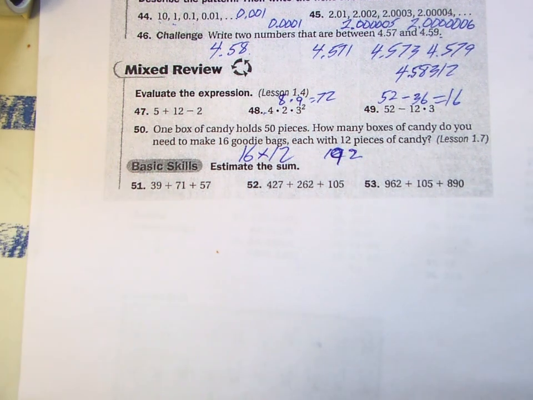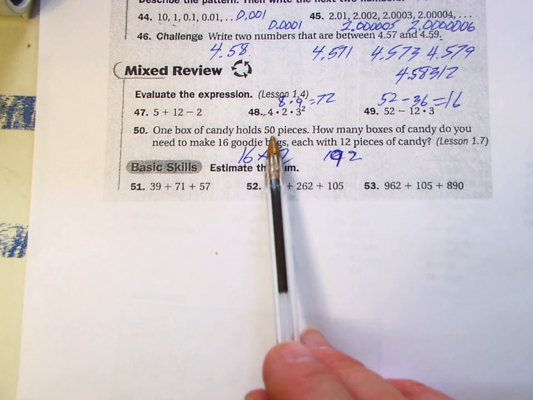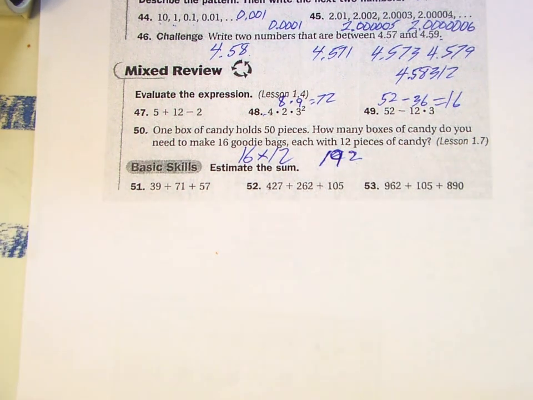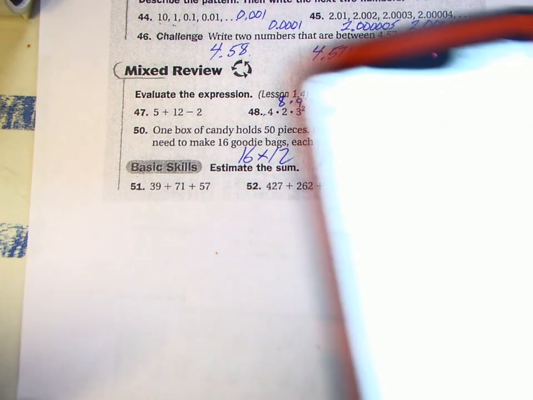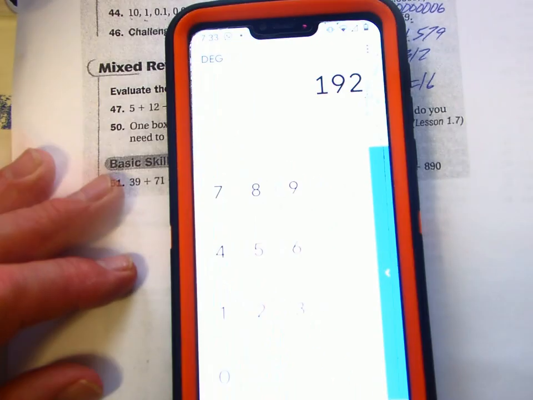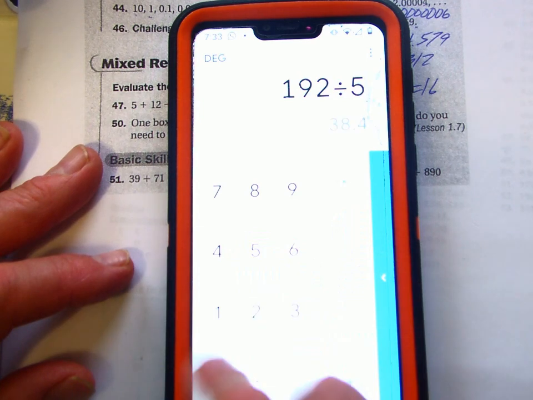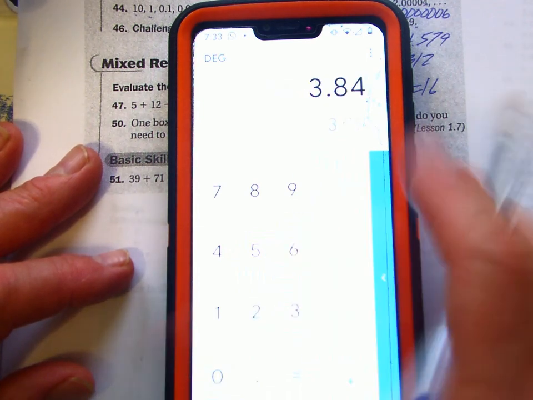And how many boxes of candy do I have to buy? Well, they each have 50, and I want 192. You can kind of figure that out on your own, just adding 50 plus 50 until you get to over 192. You have to get over 192. Or you can do this, 192 divided by 50. How many 50s go in there? 3.84.